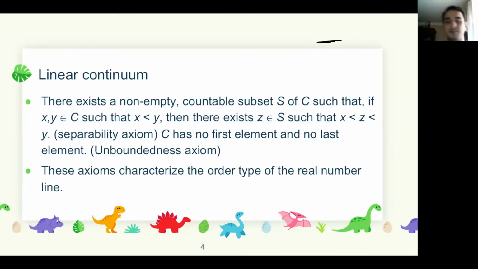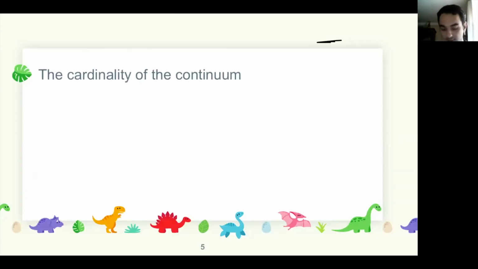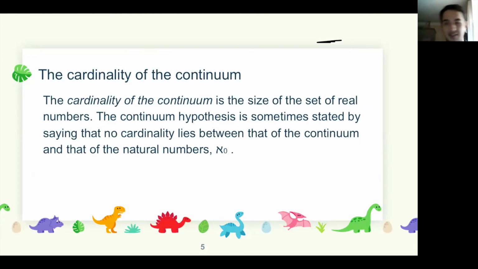Another axiom is the characteristic of the real number line. For example, a single line is a linear continuum.